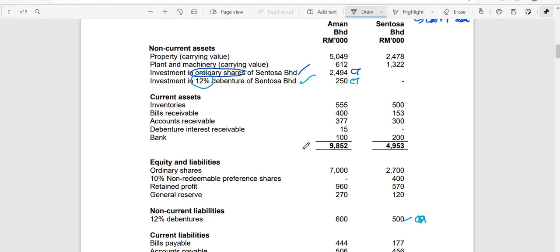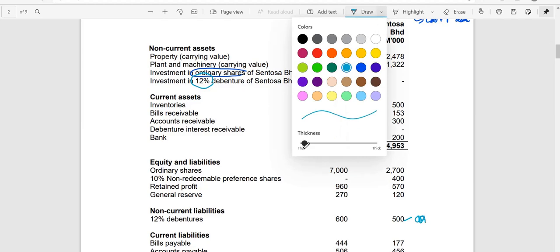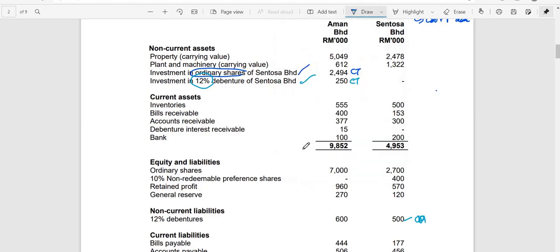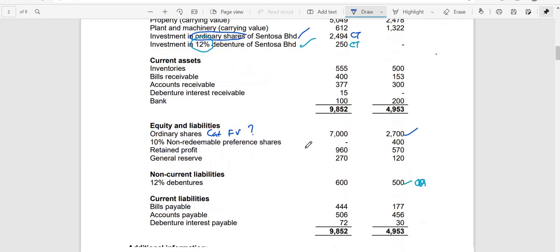And at the same time, for the ordinary shares, you acquire 2.7, not all, but enough to give you the control. We'll check that. We need to also look at the fair value, how much. So you need to check if the units and the amount are the same. That will be checked at the bottom here.